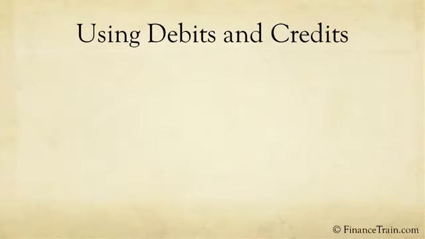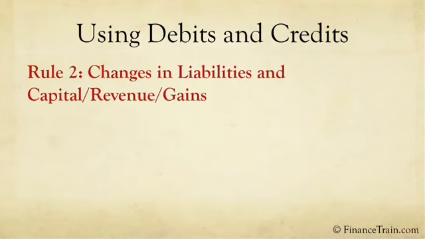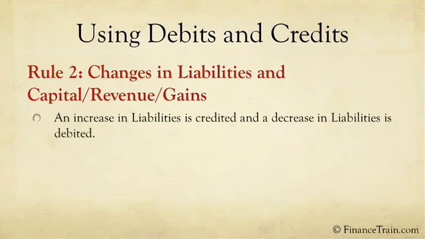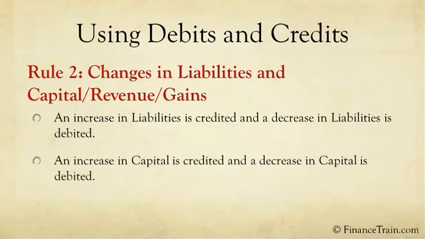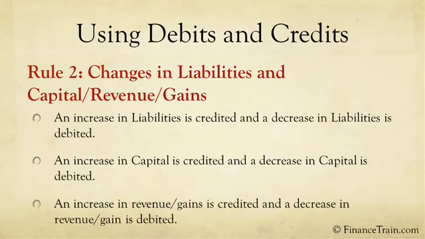The second rule is for recording a transaction related to liabilities, capital, revenues, or gains. An increase in liabilities is credited and a decrease in liabilities is debited. An increase in capital is credited and a decrease in capital is debited. An increase in revenue is credited and a decrease in revenue is debited.